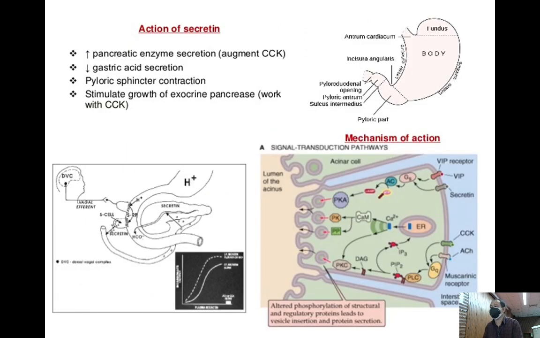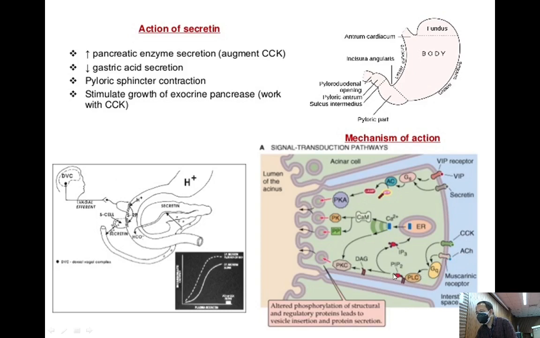All right, let's see. I think here we have the mechanism of action of different hormones. Here, CCK binds to a receptor, G proteins are activated, and phospholipase C is activated.